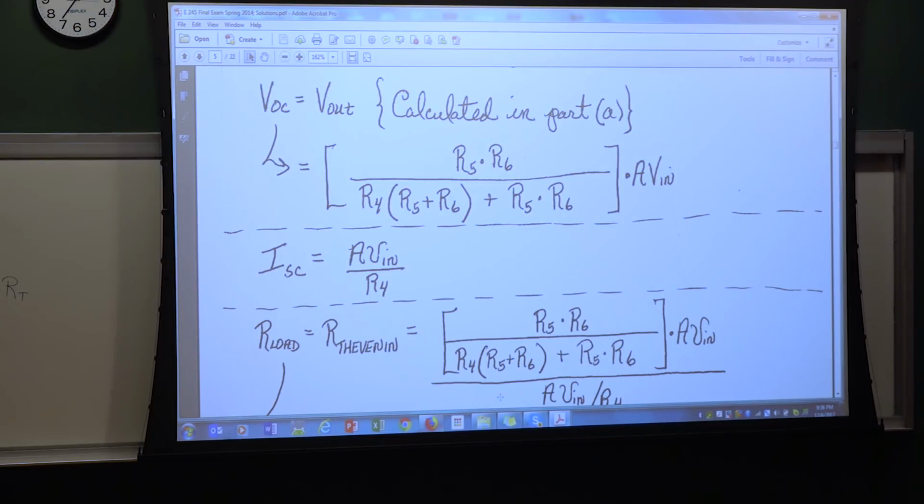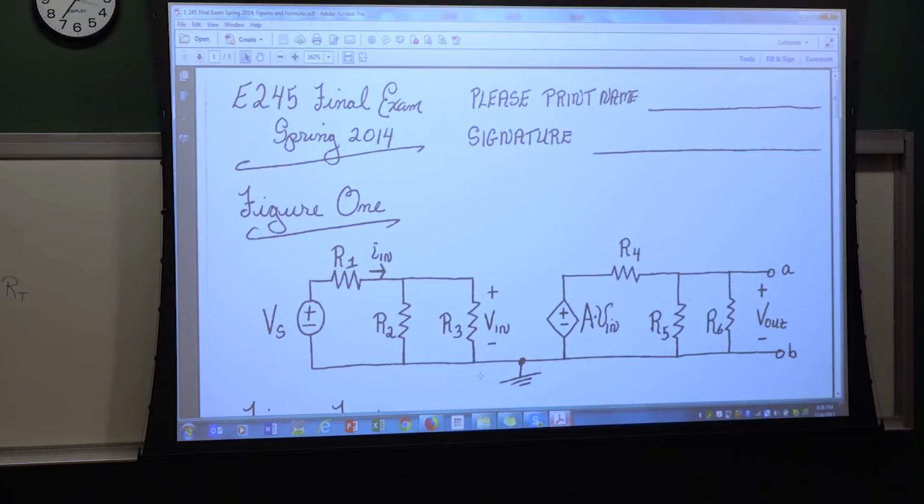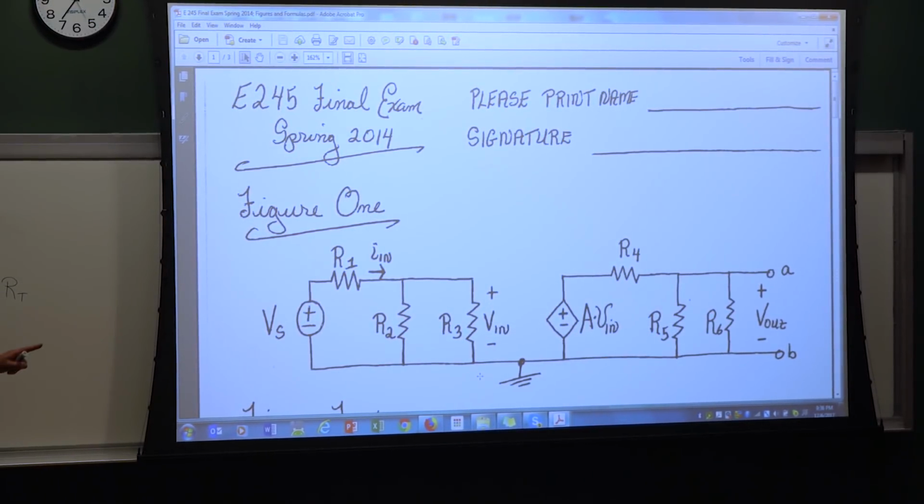I lost my cursor again. There we go. See, it says in the problem, we're going to put a load resistor between A and B. So that's the extreme right. Then it says, what's the resistance for maximum power?